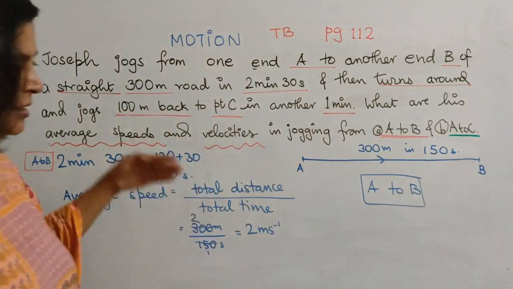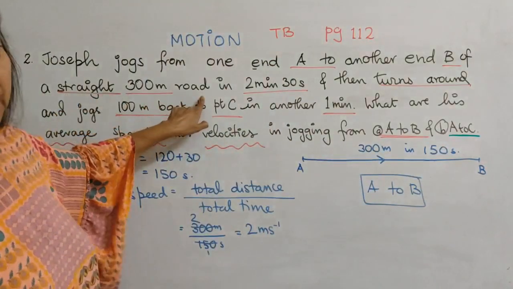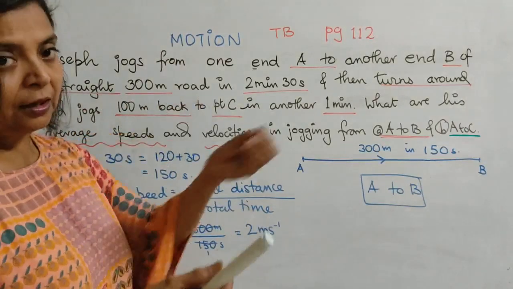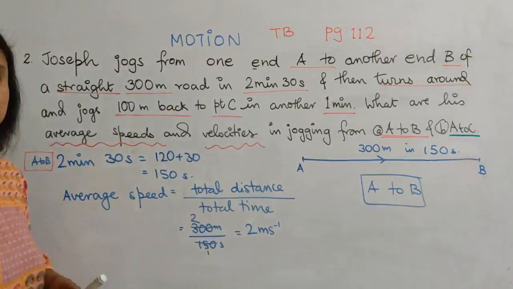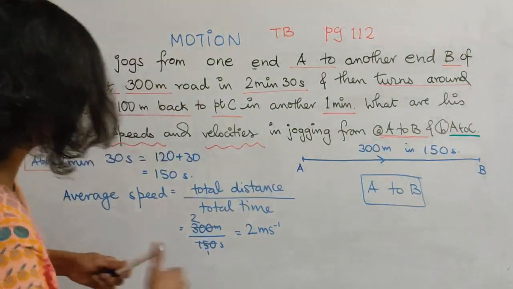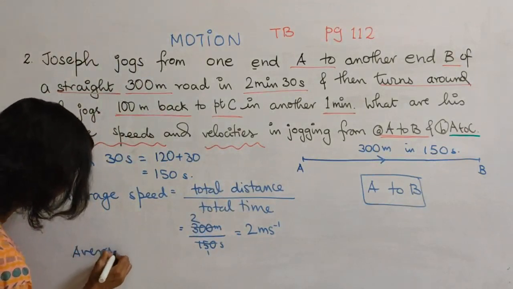And since it is a straight road, we have done this question a few moments ago, that if it is a straight line, then average speed and average velocity remain the same. So let us work it out. Now there is no change.